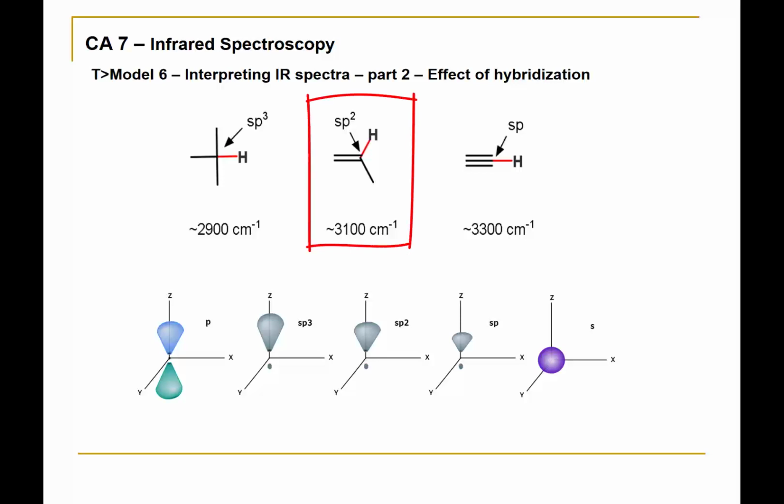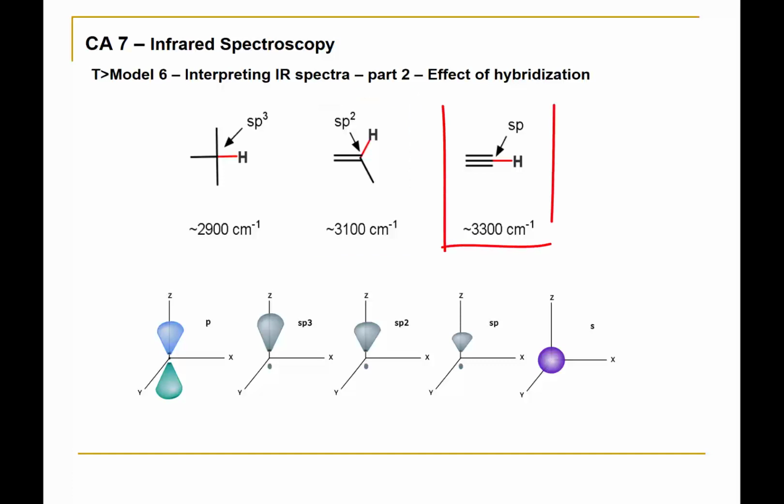So carbon bonded to a hydrogen where the carbon is sp2 hybridized shows up around 3100 centimeters to the minus 1. Carbon that's sp hybridized bonded to a hydrogen shows up around 3300 centimeters to the minus 1. You can see that with hybridization changing from sp3 to sp, the wave number increases.